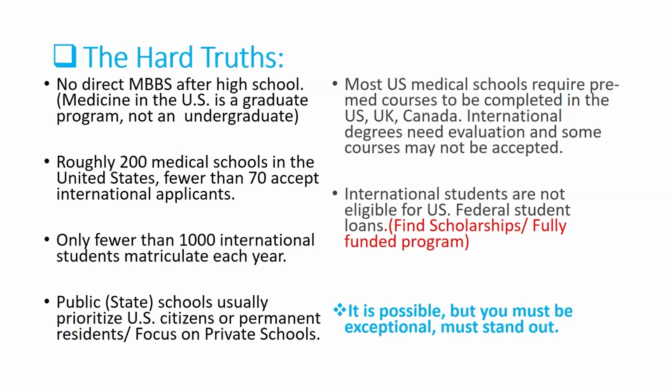So if you're going to study medicine in the United States, you have to look for outside scholarships or fully funded programs. There are universities here that provide full scholarships, and some of them provide generous aid. So you have to look for a small percentage of the tuition.